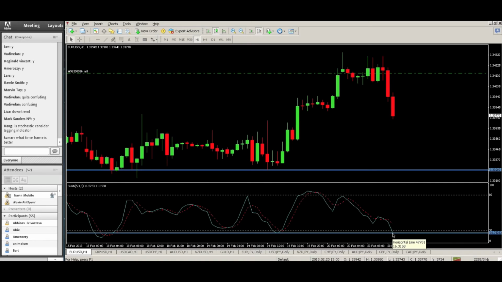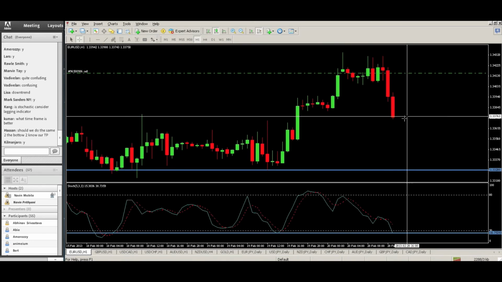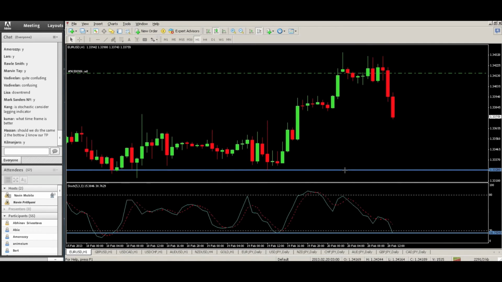It's possible. If the indicator goes below this area, that means we've gone below our previous low. But on price, look how far the previous low is. That's like 46 pips away. It's already dropped 45 pips. That's another 46 pips for it to drop today. Seems unlikely.